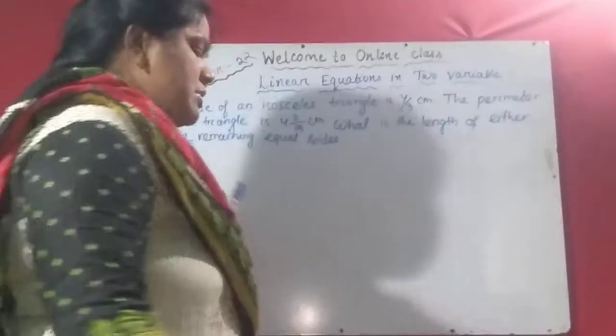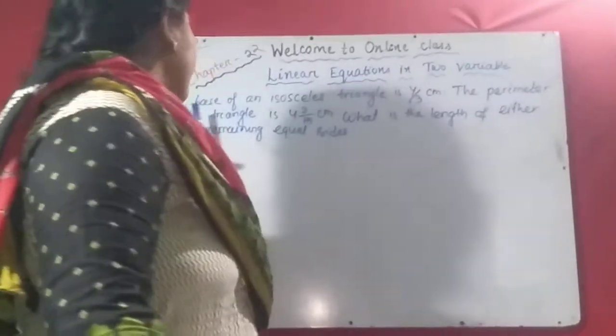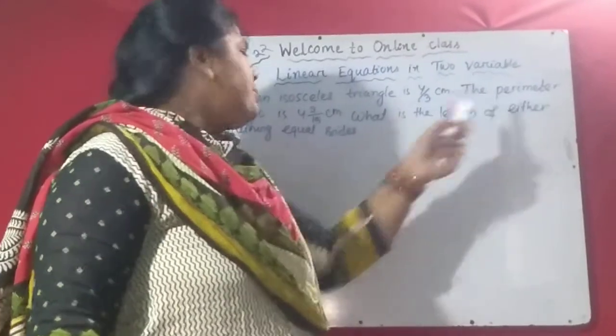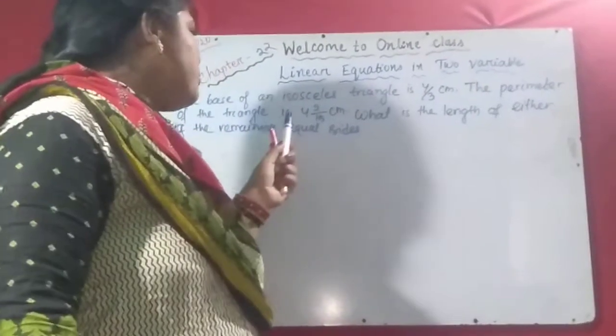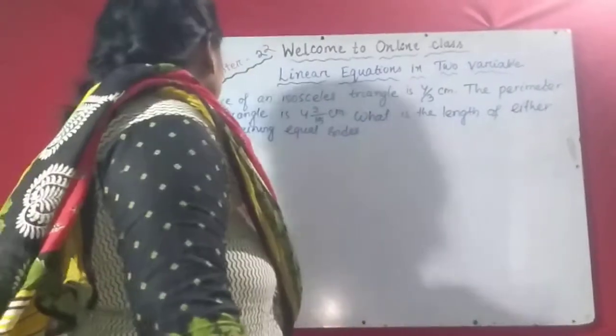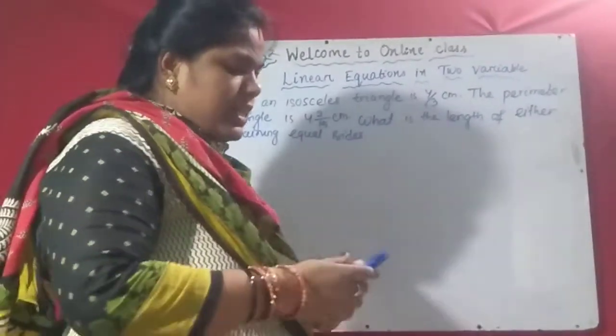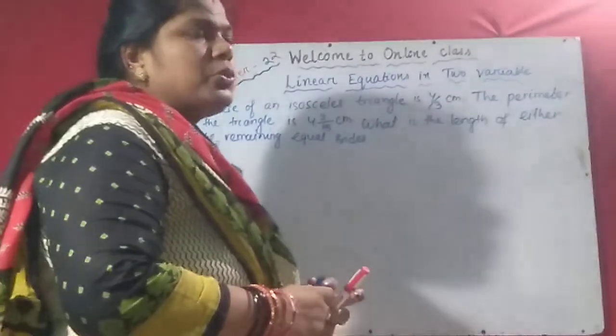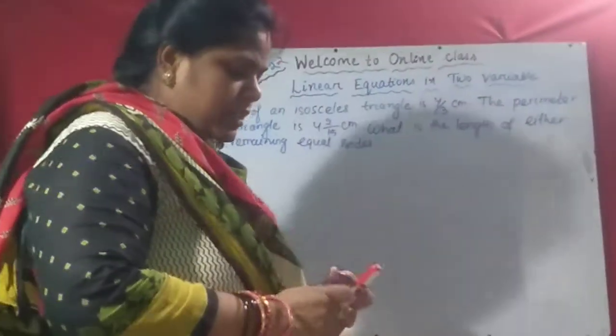Next is question number 3. The base of an isosceles triangle is 4 by 3 cm. The perimeter of the triangle is 2 by 15 cm. What is the length of either of the remaining equal sides? Isosceles triangle means two sides are equal to each other.